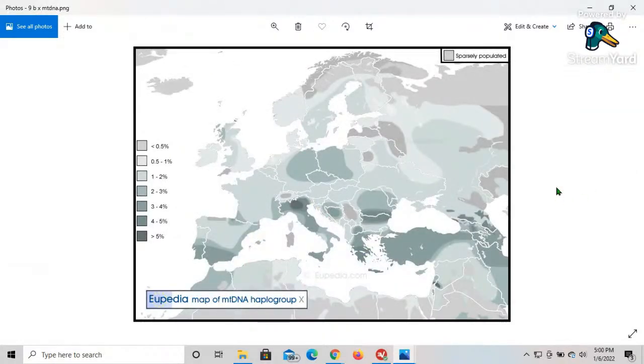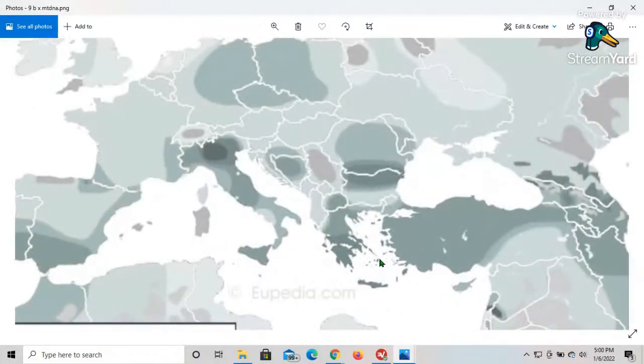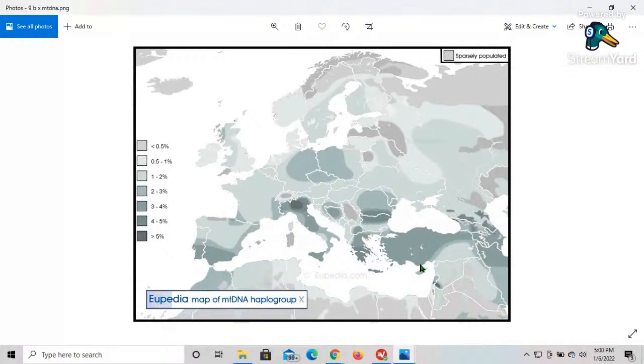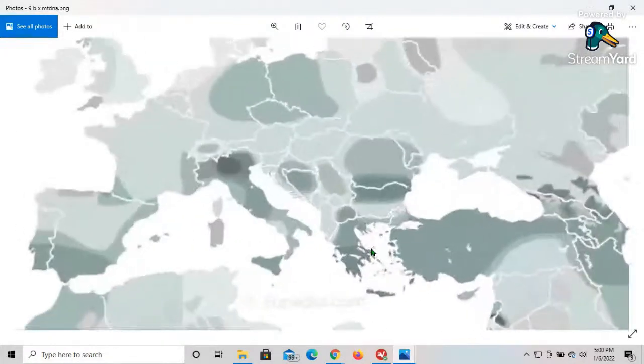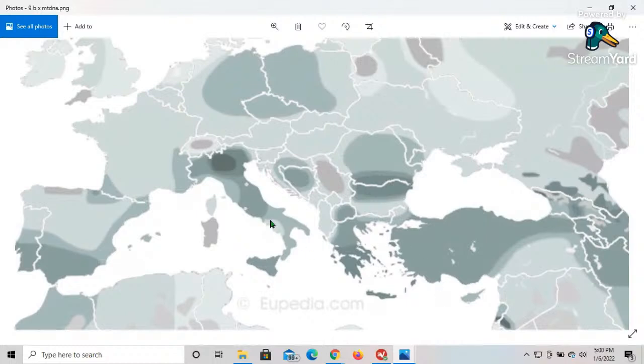Okay, this is X. This is mitochondrial DNA X. This is also found in America as well, probably because of the sea people that went to America. It's found in America as well. Javan, it looks like Javan sea people and such.